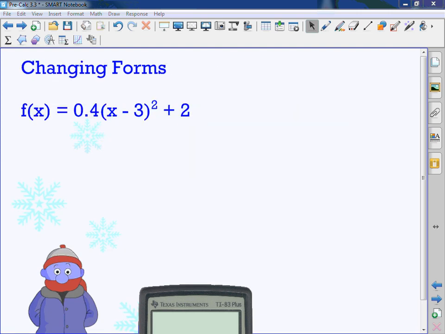So the first thing we're going to do is change from transformation to polynomial form. Polynomial form has to be ax squared plus bx plus c. How can I change this one into polynomial form?